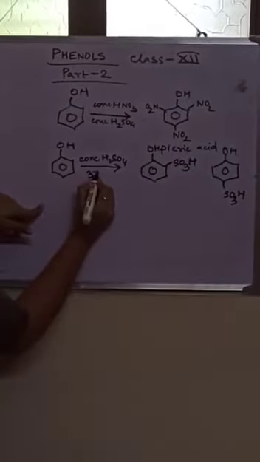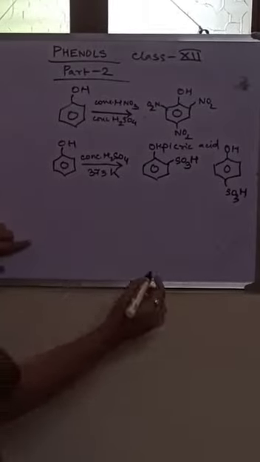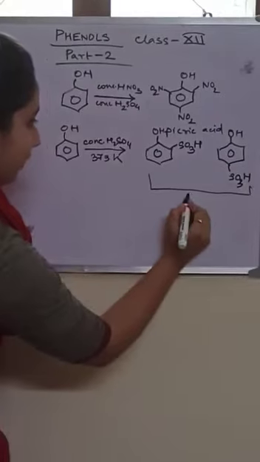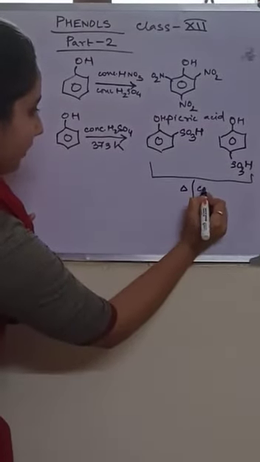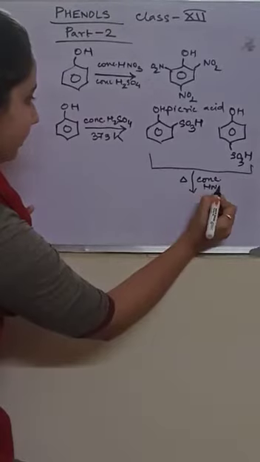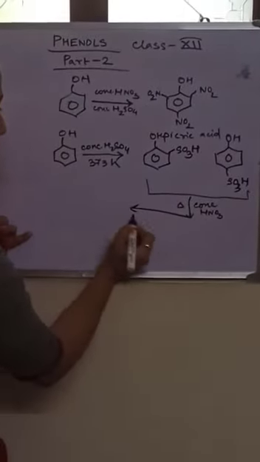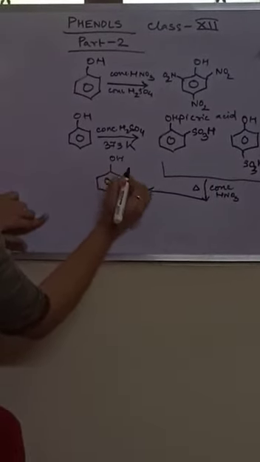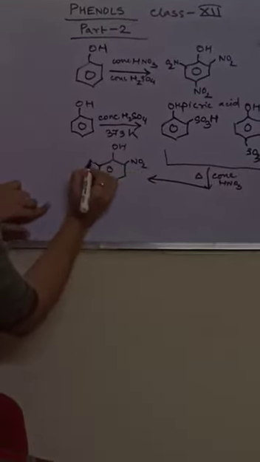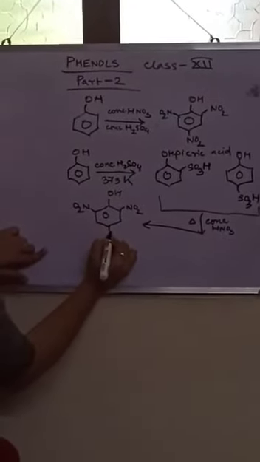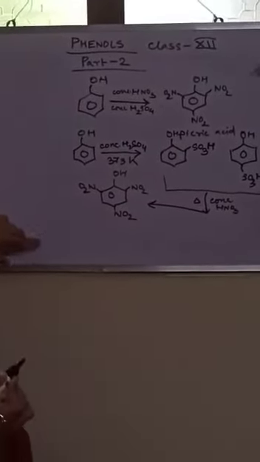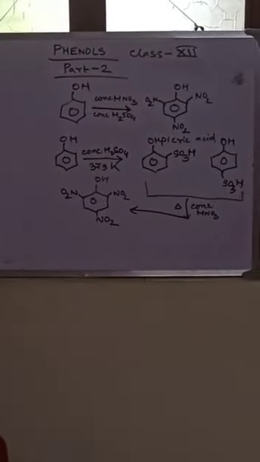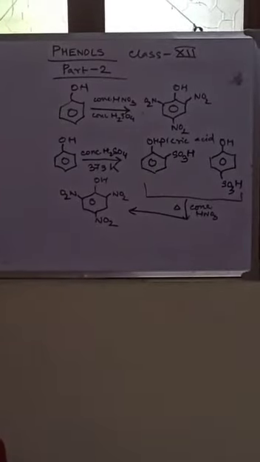The temperature should be 373 Kelvin. Then this mixture has to be heated with concentrated nitric acid. Then we will get picric acid as the product. By this reaction, the yield of picric acid is almost 90%. This is a good method.